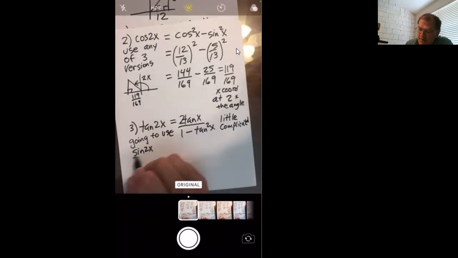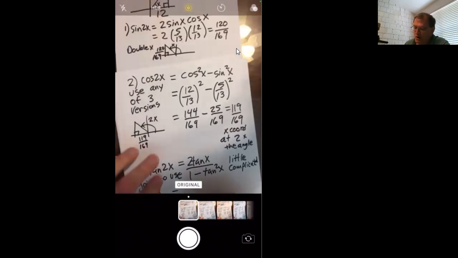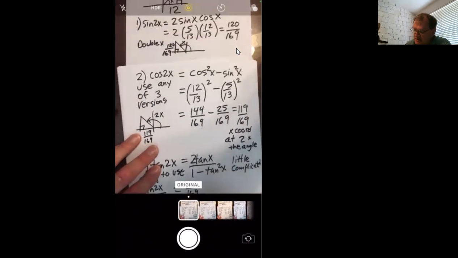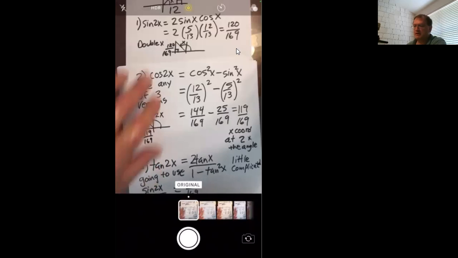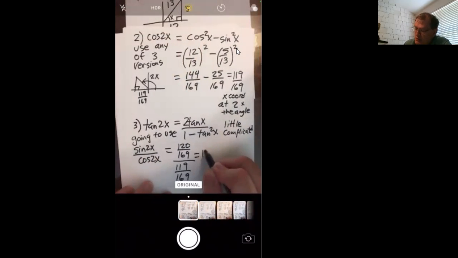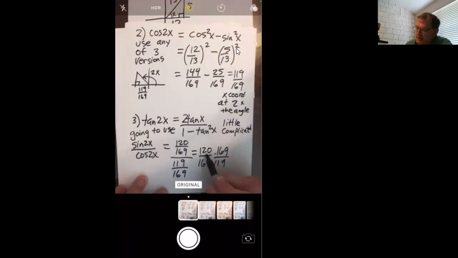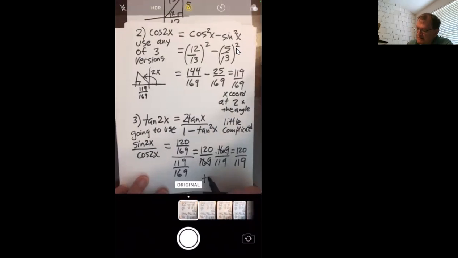Your sine of 2x was 120 over 169, and your cosine of 2x is 119 over 169. It's almost a 45-degree angle. If these had been equal, it would have been a 45-degree angle, but it's not quite. It's very close, though. That's going to give you 120 over 169 times 169 over 119. It's slightly bigger than 45 because 120 is slightly bigger than 119. It's going to wind up 120 over 119. That's my tangent of 2x.